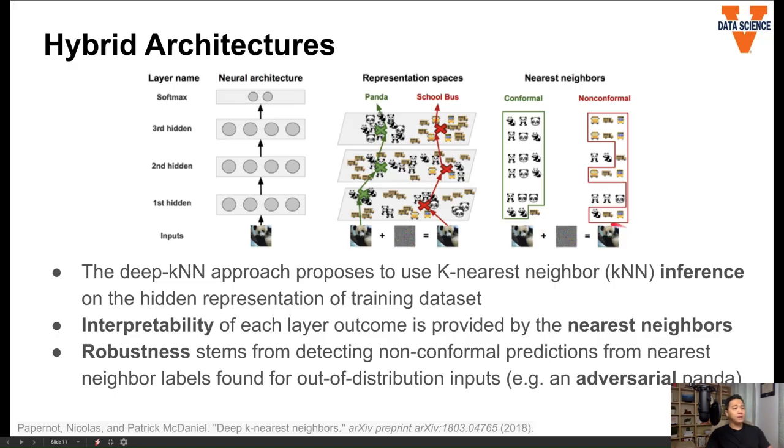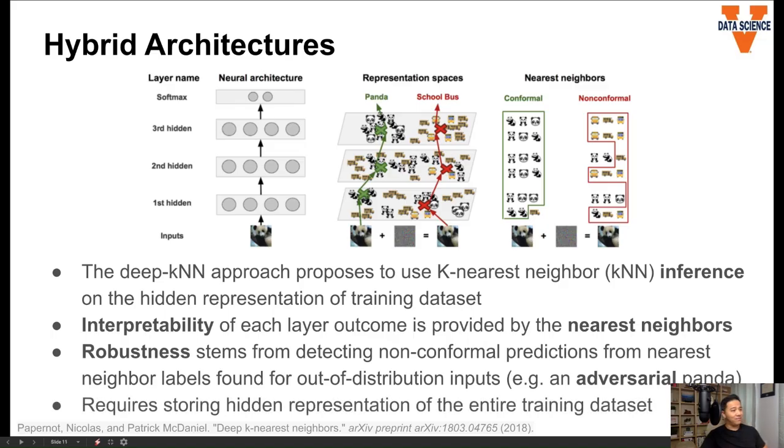For example, here this panda is non-conformal with the school bus and not its label of panda. So you can detect these sorts of adversarial examples using this deep KNN. Now, the only downside of this design is that you have to store all of the hidden representations of the entire training set, which could be a daunting task, sometimes very memory constrained.